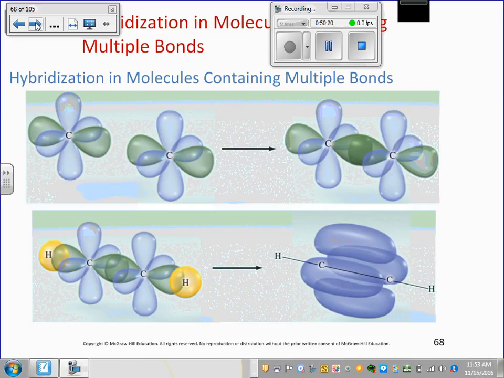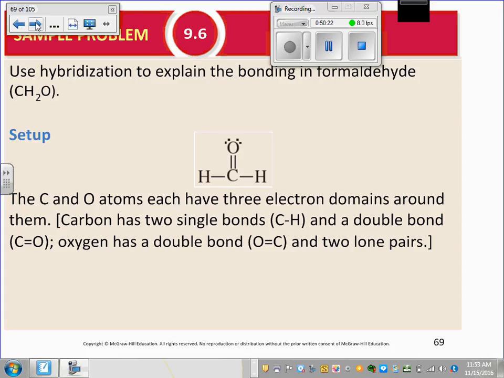So let's explain formaldehyde. First of all, what's the electron domain around the carbon? How many things are on the carbon? 3. So what hybridization must I need? sp2.